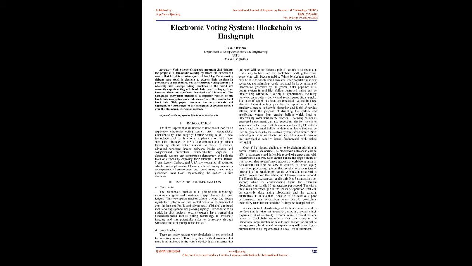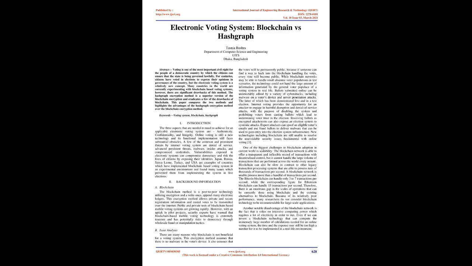Vulnerabilities exposed in electronic systems can compromise democracy and risk the lives of citizens by exposing their identities. Japan, Russia, Sierra Leone, Turkey, and USA are examples of countries which have implemented blockchain-based voting systems in an experimental environment and found many issues which prevented them from implementing the system in live elections.